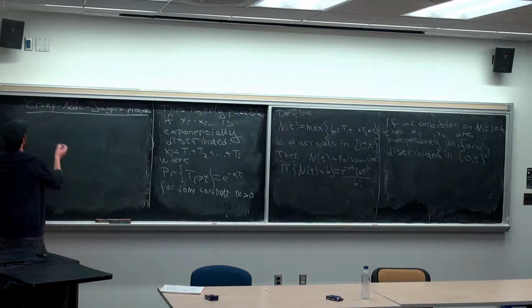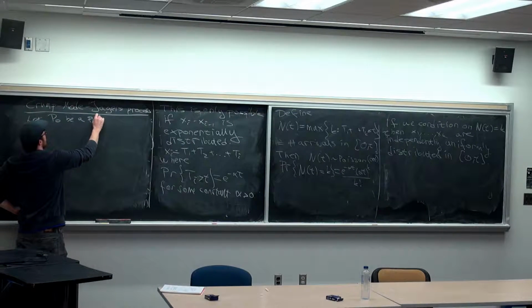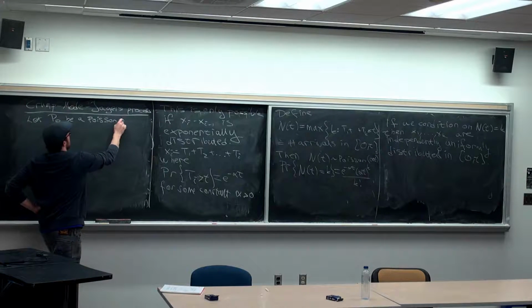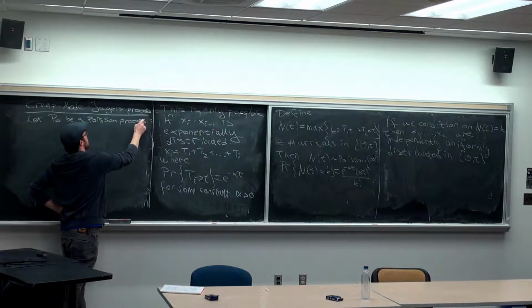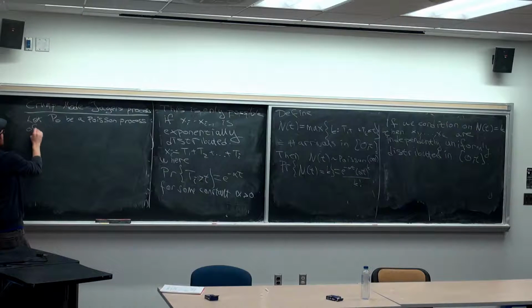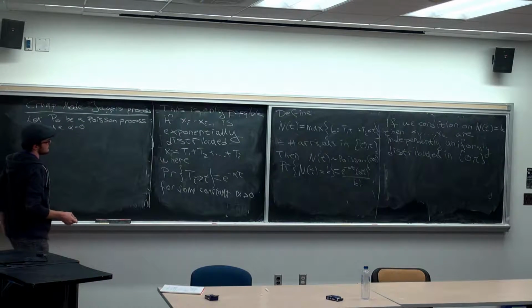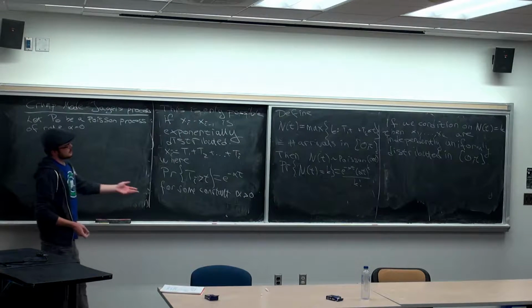So let P naught be a Poisson process of rate alpha. Yeah, this alpha is called a rate.